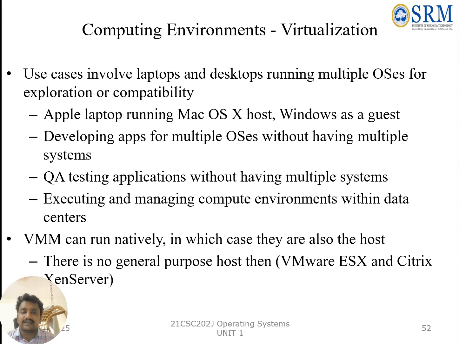For virtualization, we can use a laptop and a desktop for multiple OS to explore compatibility, like an Apple laptop running Windows as a guest, wherever virtualization is possible with certain applications running on that OS. Developing an app for multiple OS without having multiple systems is initiated with this virtualization.